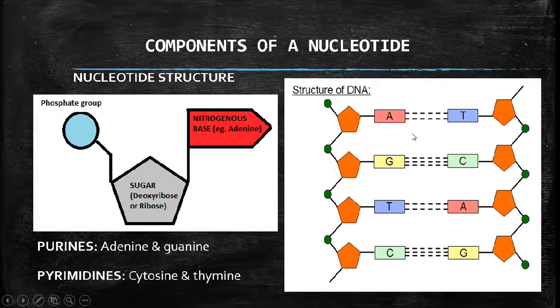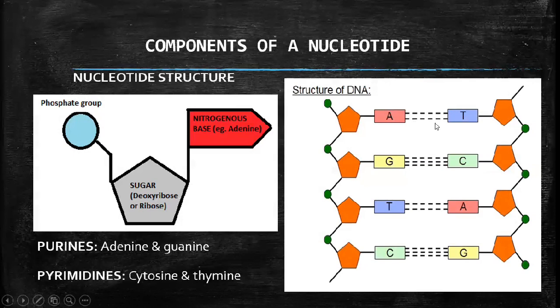Between 2 complementary nitrogenous bases, we have what we call weak hydrogen bonds. These bonds in between these complementary nitrogenous bases are called the weak hydrogen bonds.